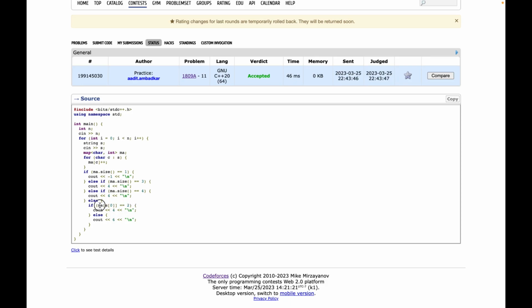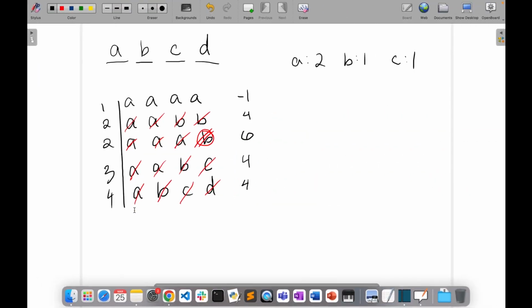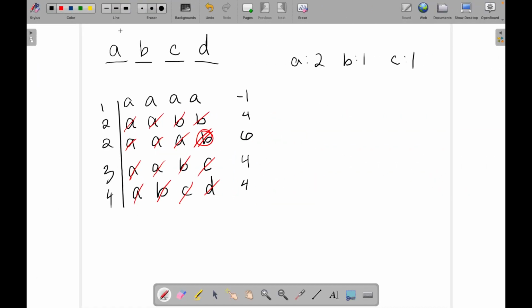The way I do that is I check the map of the first letter, which basically means how many times the first letter occurs. If the first letter occurs 2 times, then I'm going to output 4. So in this case right here, let me highlight this.